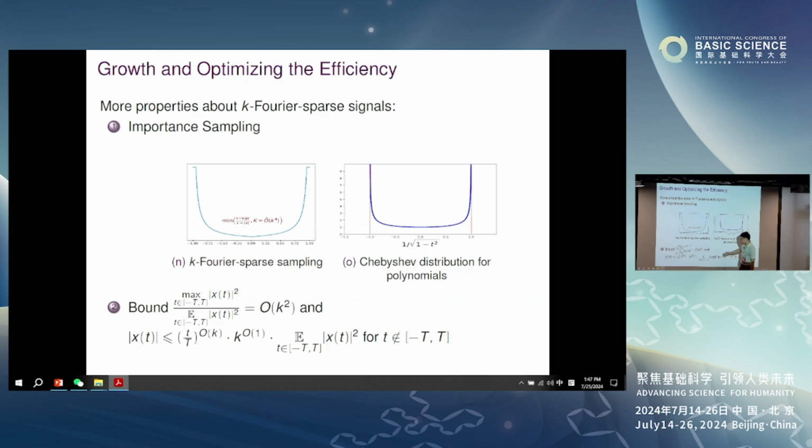And another thing is we want to control the growth of x outside of the time window. So this is the growth bound. It basically controls, for t not in the time window, how large x(t) could be compared to the expected L2 norm in the time window. Yeah. So that's the way we control the growth.